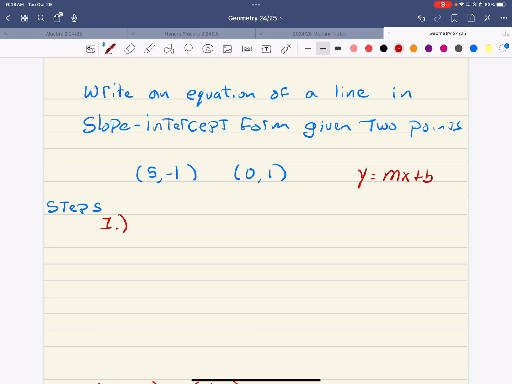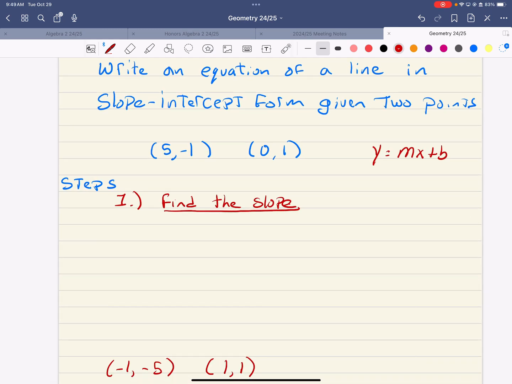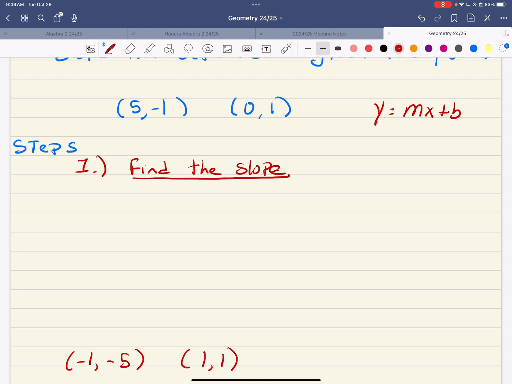So step 1, find the slope of the line. So that's step 1. Find the slope. So we're given the points 5, -1, and 0, 1. We talked about slope yesterday. We said it was y1, so -1 minus 1.